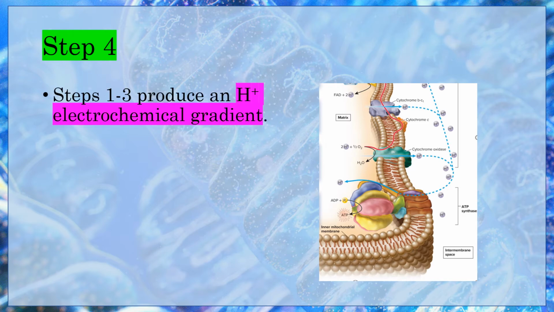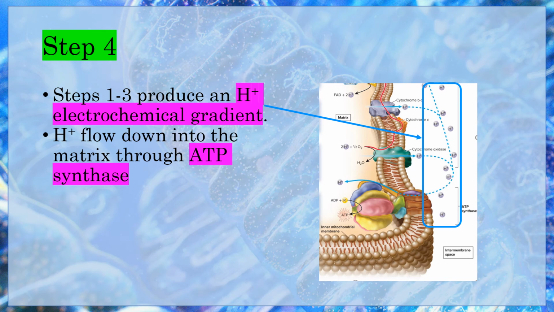Okay, steps 1 through 3 have now produced what's called a hydrogen electrochemical gradient, as seen in the blue. These hydrogen ions flow down into the matrix through ATP synthase, which is this instrument seen here in green.